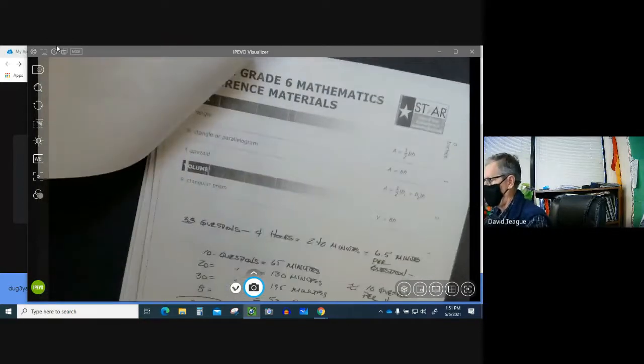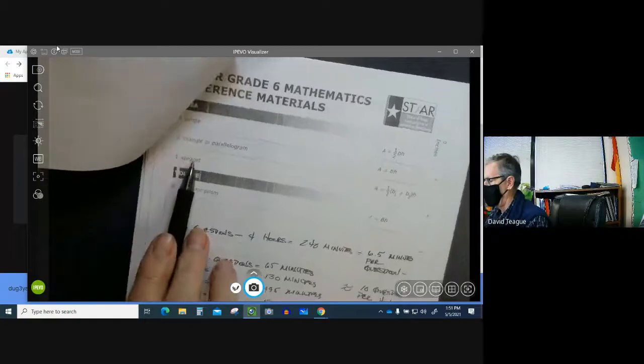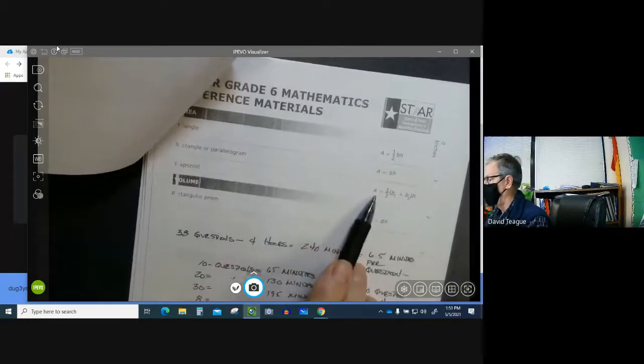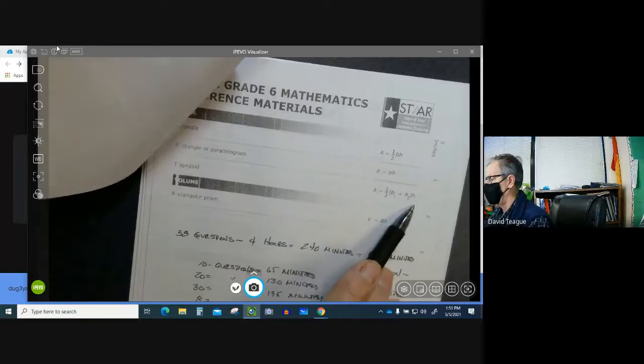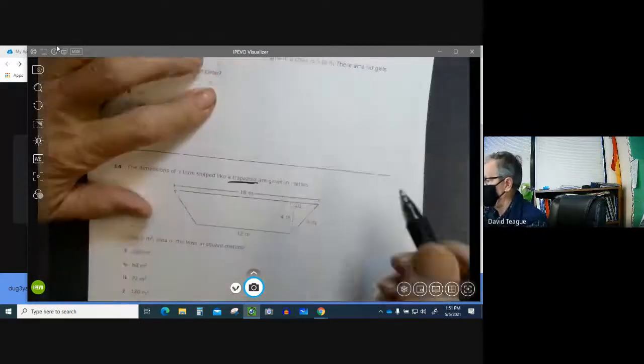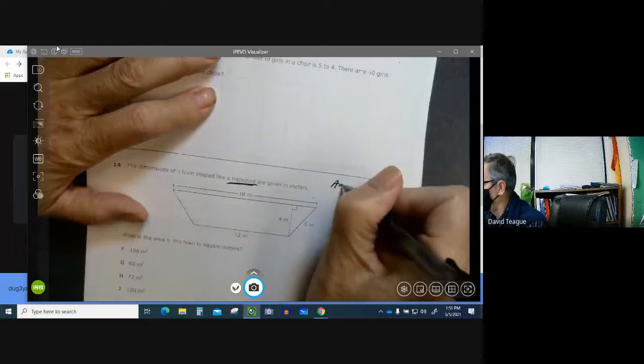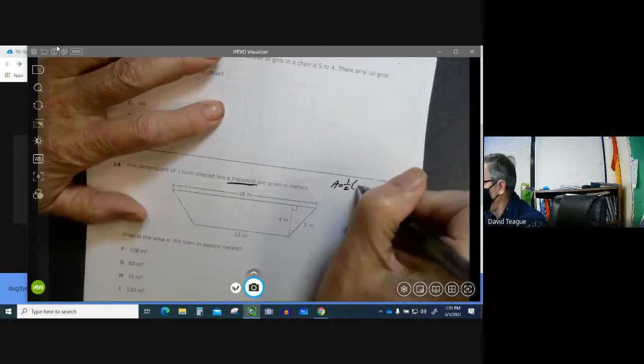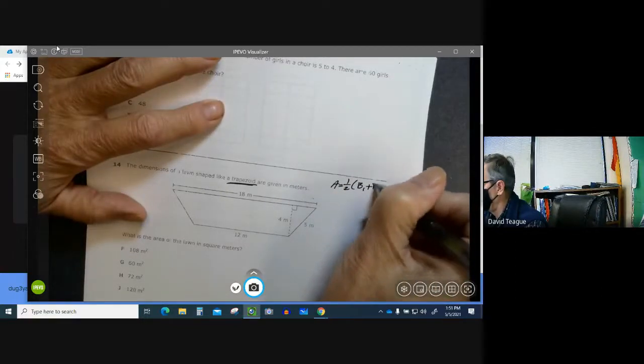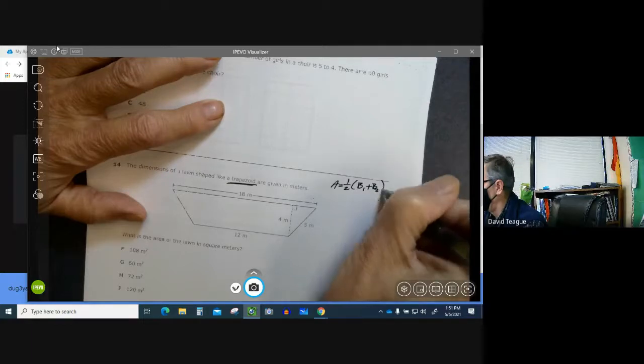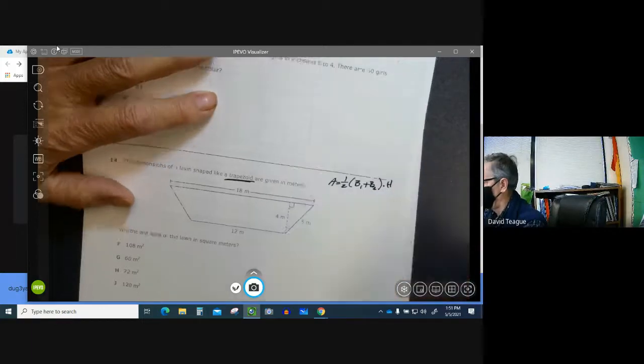Okay, so the formula for the area of a trapezoid is area is equal to half base 1 plus base 2 times h. So let's write that on this side. Area is equal to 1/2 (base 1 plus base 2) times h.